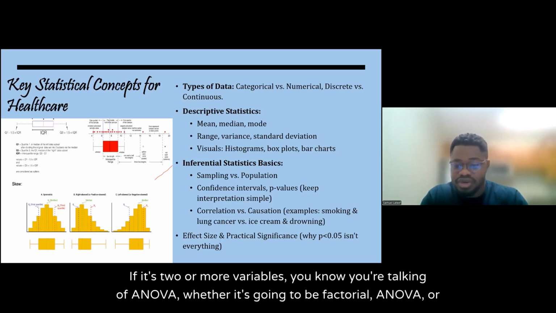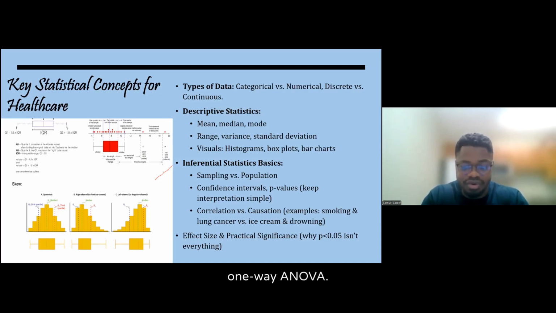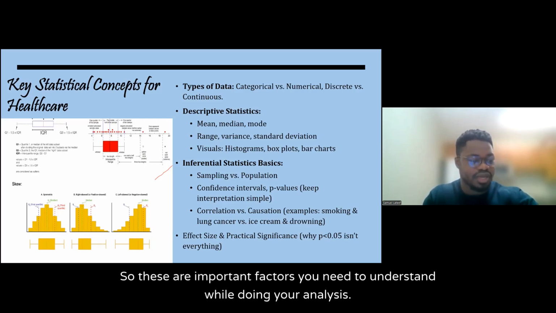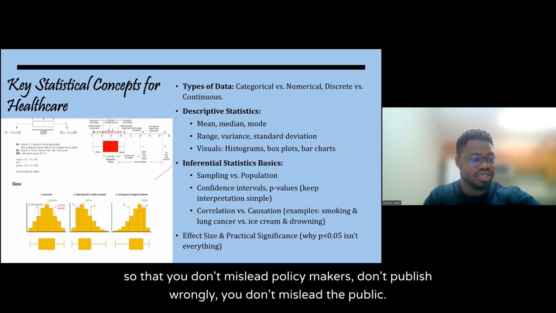If it's more than two groups, you're talking of ANOVA, whether factorial ANOVA or one-way ANOVA. If you're talking about two quantitative variables, you're talking about correlation, right? So these are important factors you need to understand while doing your analysis so that you don't mislead policymakers, you don't publish wrongly, you don't mislead the public.